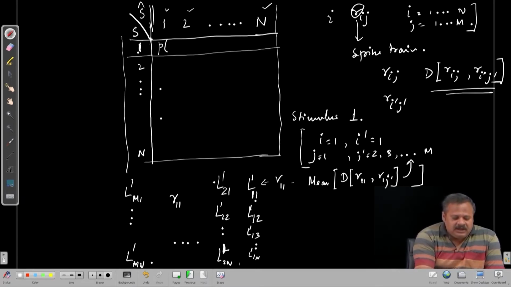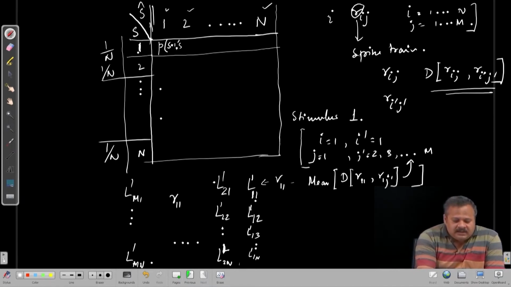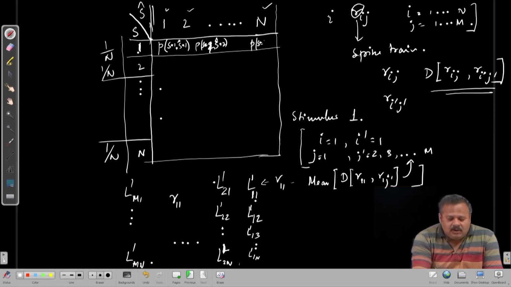If we assume that each of the stimuli is equally likely, that is the probability of 1 by N for each of the stimuli, then we can write a joint distribution from the conditional distribution by multiplying by 1 by capital N. So we will have the joint as P(S equal to 1, S hat equal to 1), P(S equal to 1, S hat equal to 2) and P(S equal to 1, S hat equal to N).